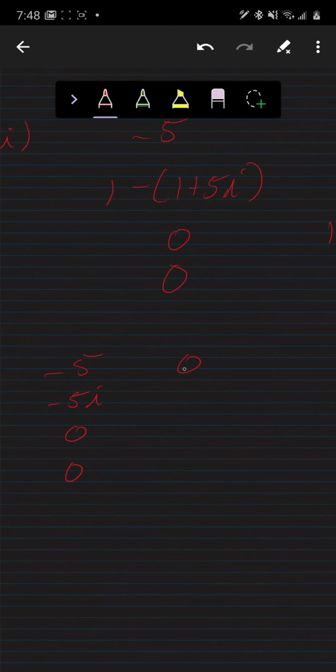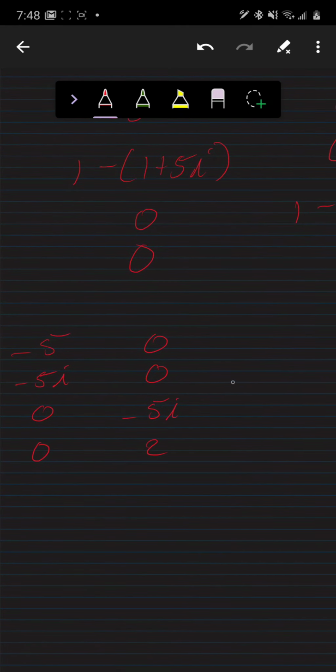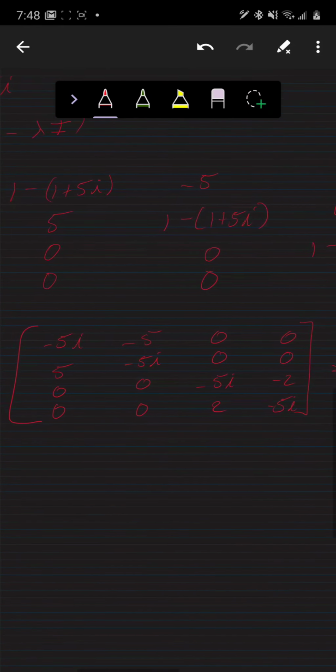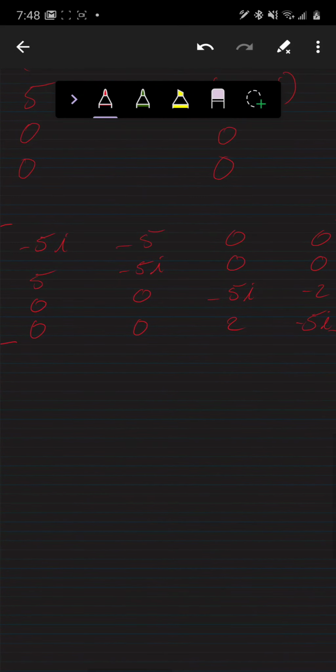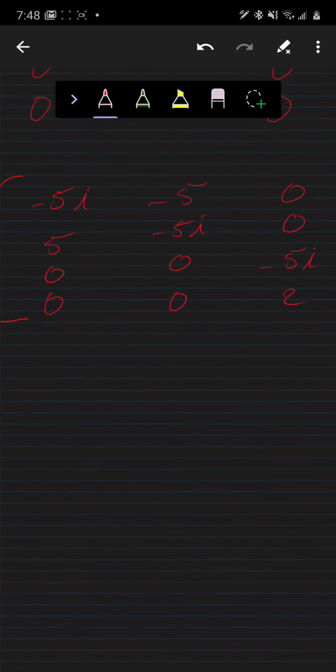Then 0, 0, negative 5i, then 2, then 0, 0, then negative 2, then negative 5i. And this is going to be equal to 0. So we're able to find our eigenvectors. Let's find the equations again.